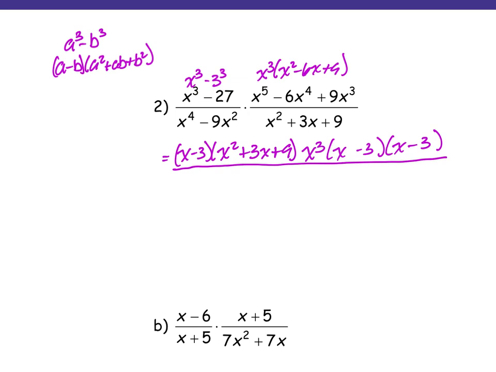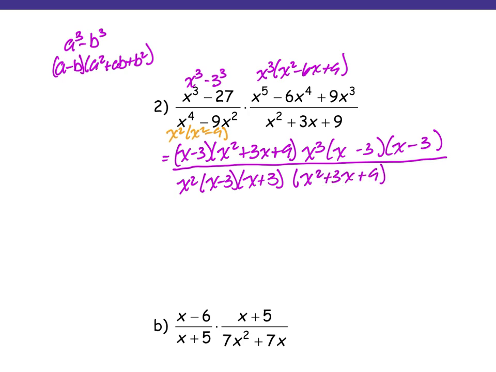All right. And then the bottom, I can factor out an x squared, and I'm going to get x squared minus 9. Beautiful. So that means I've got x squared times x minus 3 times x plus 3. And then the second one doesn't factor, so x squared plus 3x plus 9.